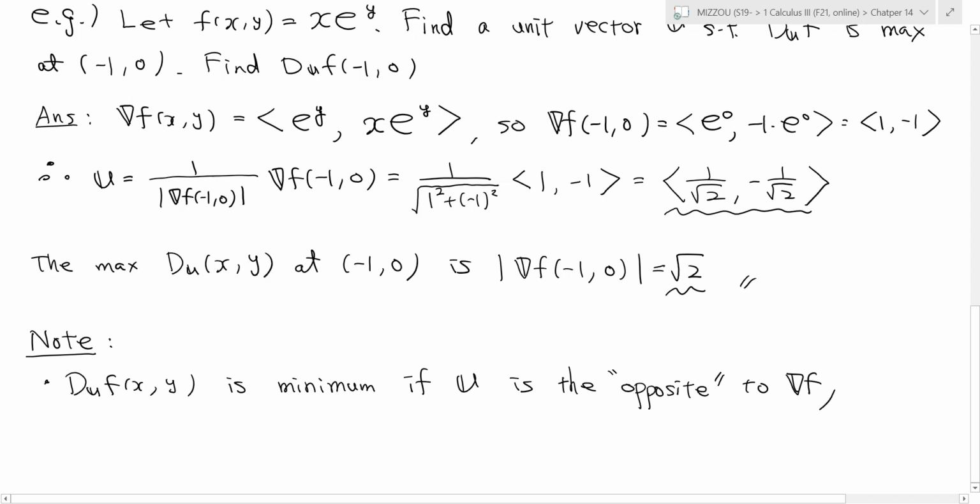Namely, the angle between u and the gradient vector is 180 degrees.